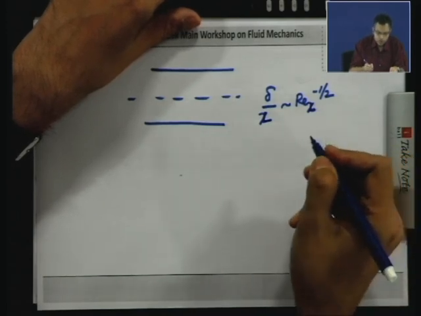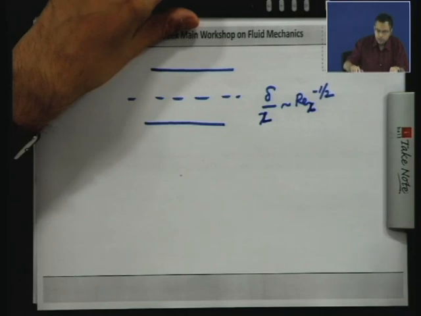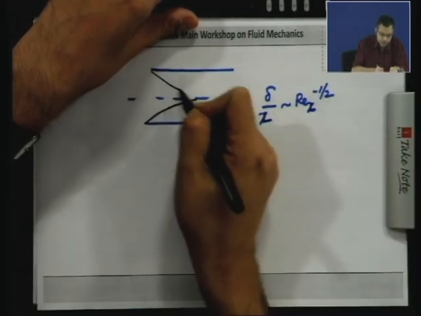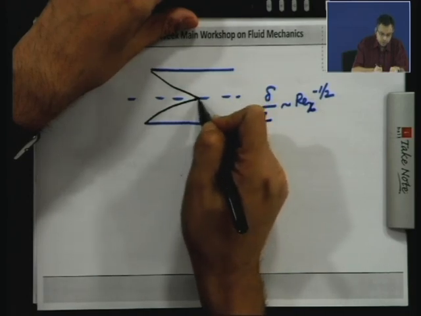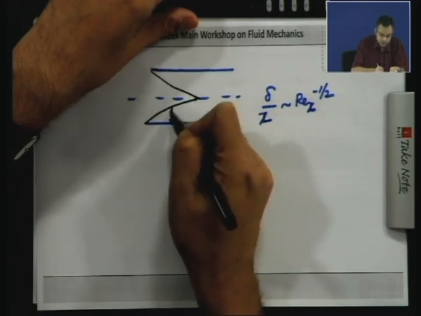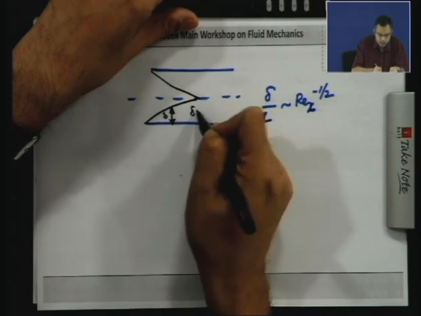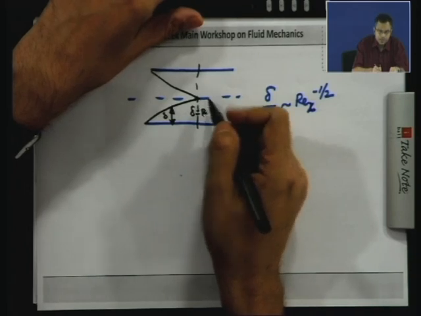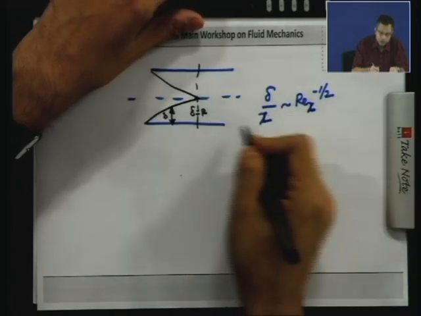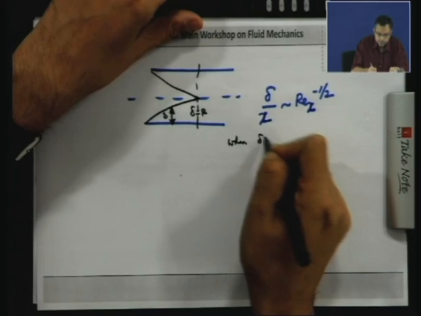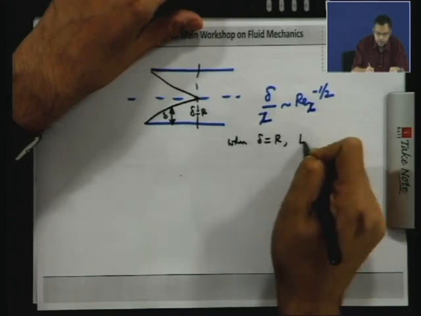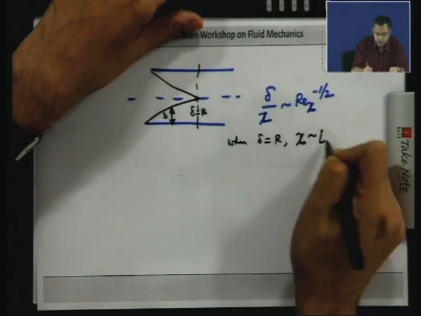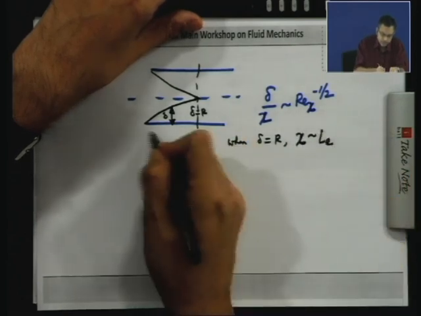The flow will be fully developed when delta, the boundary layer thickness, becomes equal to the radius of the pipe, that is, the entire pipe feels the effect of the wall. When delta is equal to r, x is of the order of L entrance, which is called the entrance length.